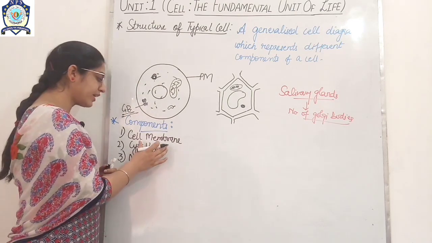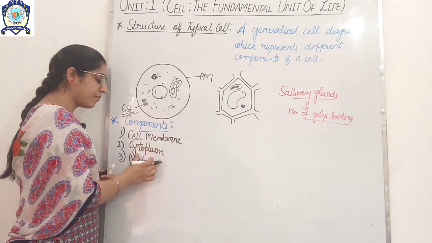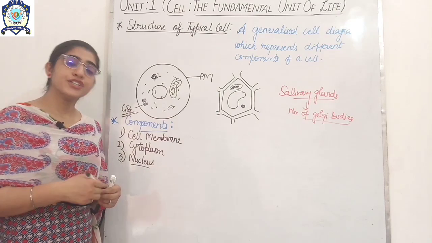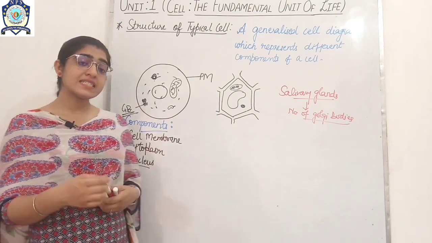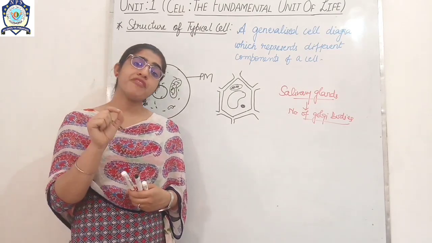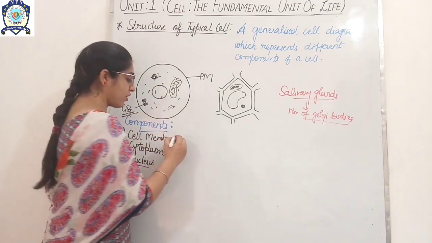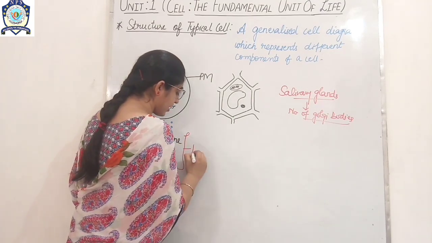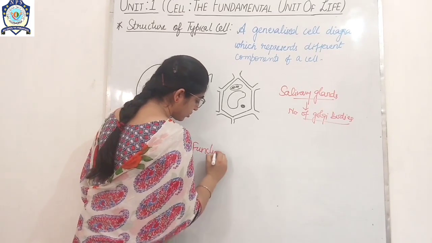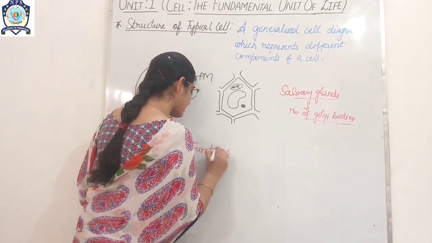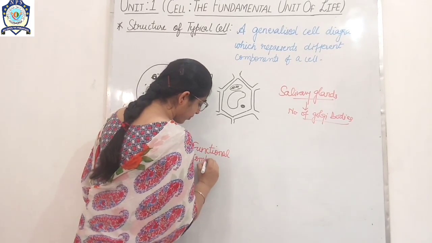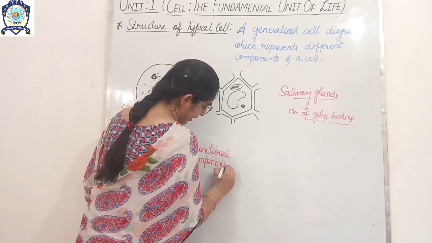There are three components. Again, I am repeating: the cell membrane, cytoplasm, and the nucleus. And all these three components of a living cell are known as the functional components of a cell.